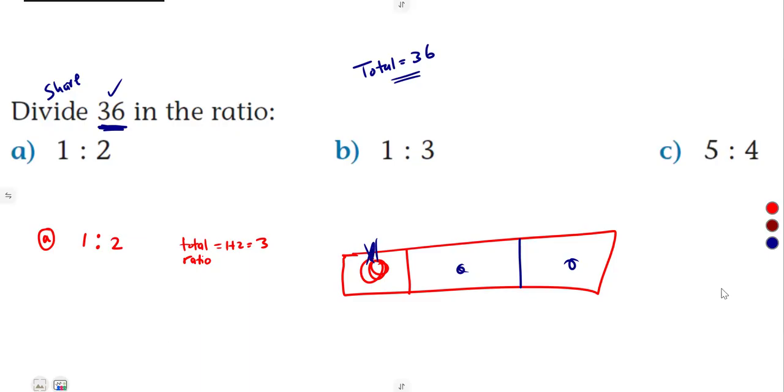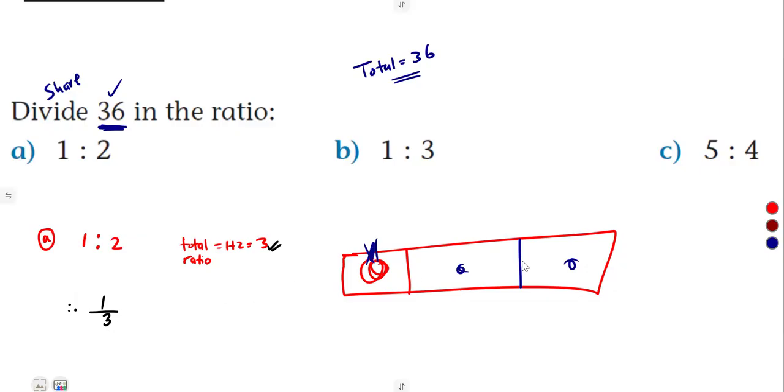If you understand this, it will be easier now for you to obtain what exactly this one got, the one with a 1. So the one with a 1 got 1 out of the total in terms of the ratio, which is 3. They are sharing. So this one got 1 out of 3.